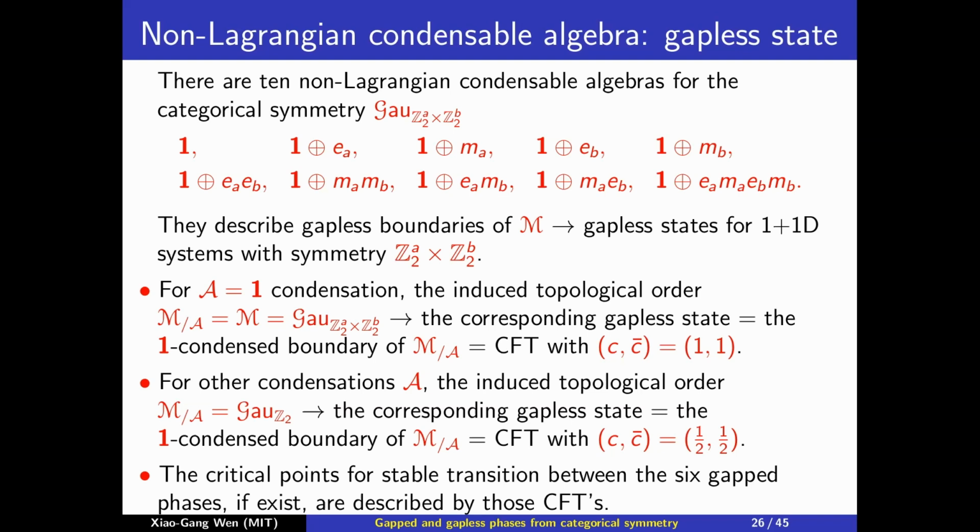And you can keep gauging that. I suspect in this case there's no end. You can gauge to infinity. However, with this gauging to infinity, you get a sequence of topological orders. This sequence of topological orders I suspect is like ZN gauge theory, or something like the U1 level n condensation algebra with n going to infinity. So basically it means that after all this gauging, we get a continuous symmetry, an emergent continuous U1 symmetry.